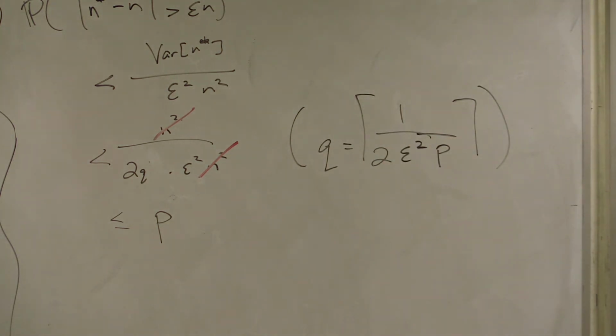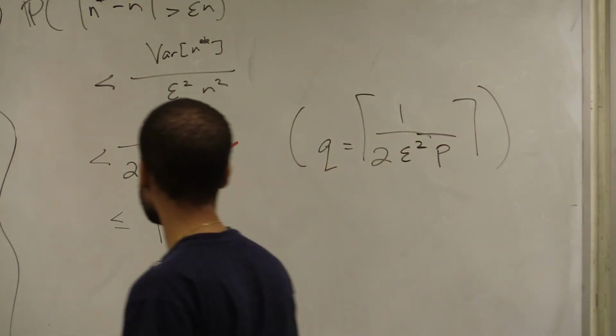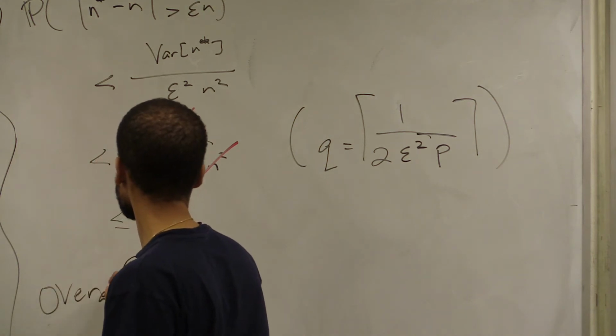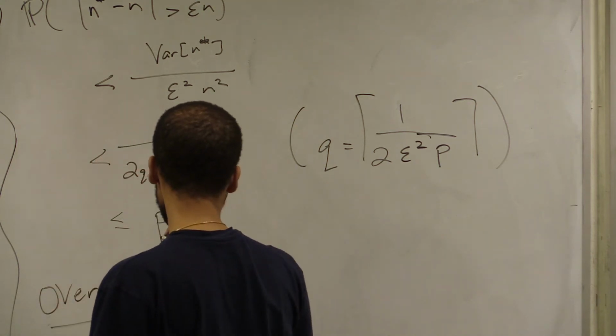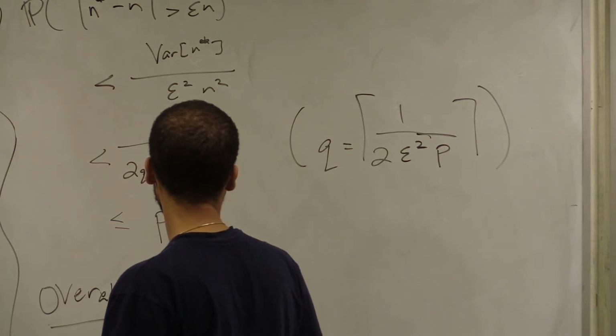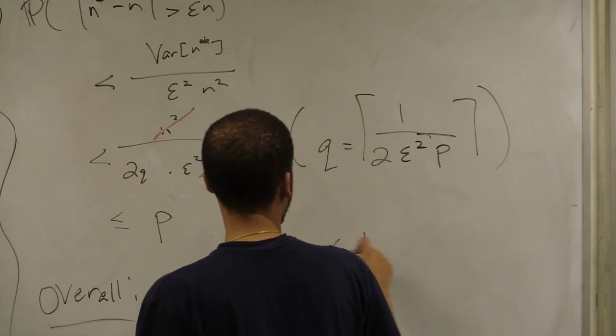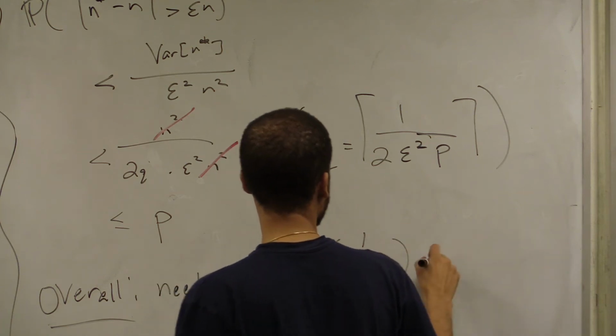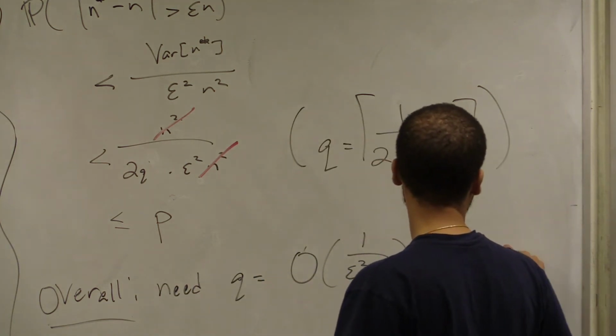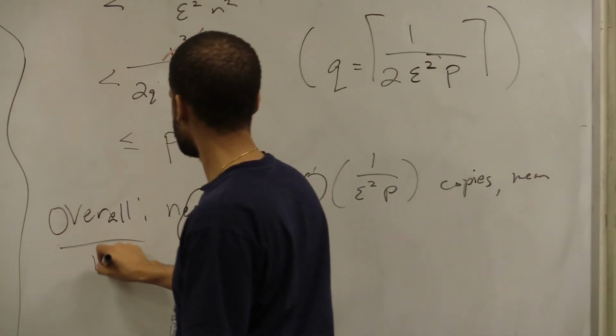Okay. So overall, I need q, which is O of 1 over epsilon squared p copies. So the memory blows up by this amount.